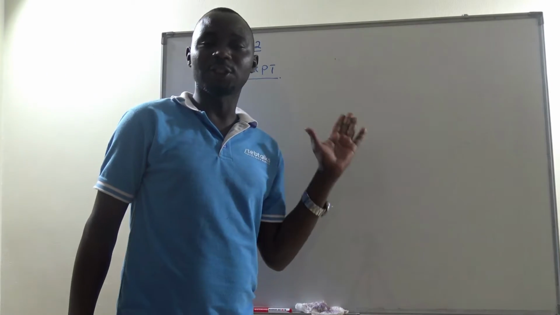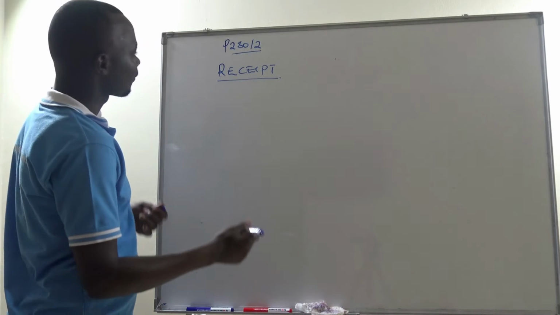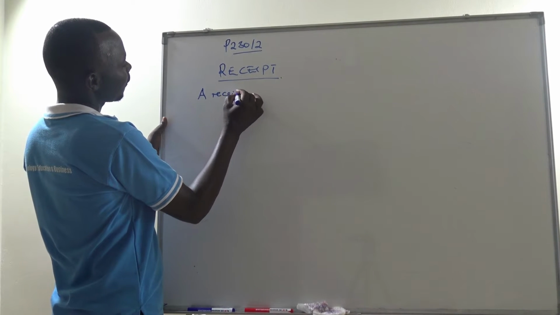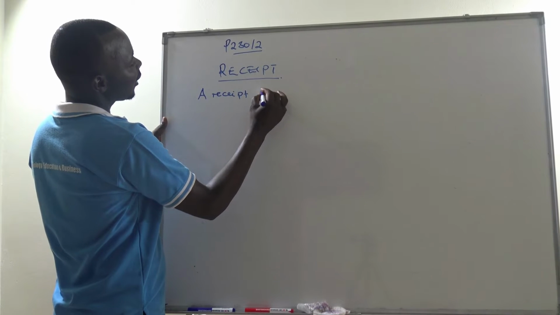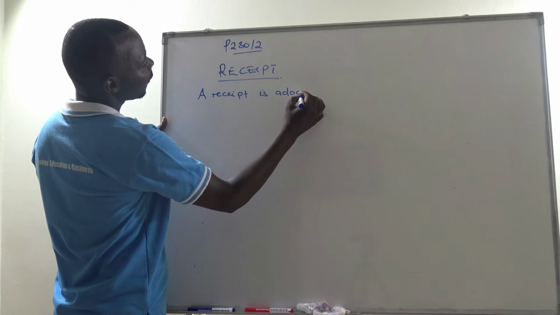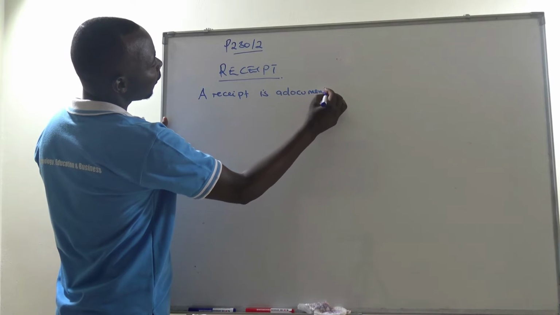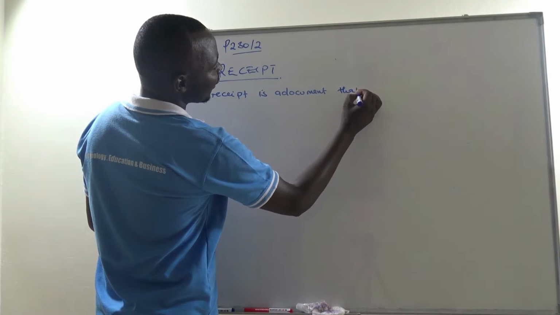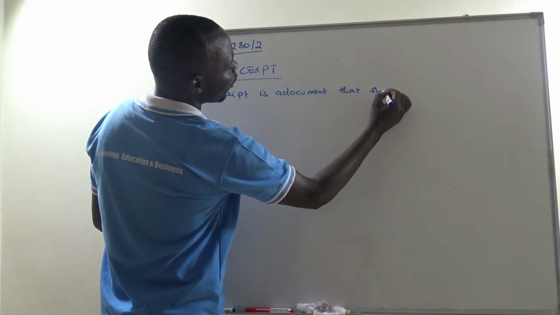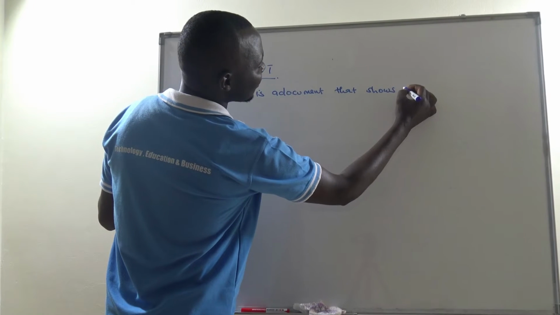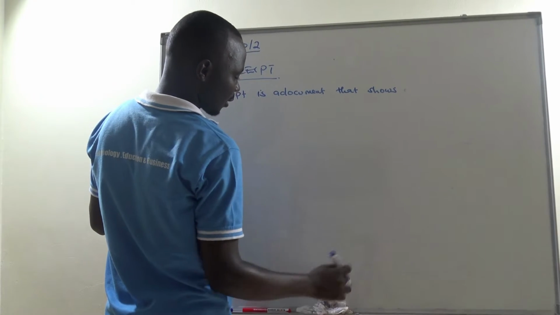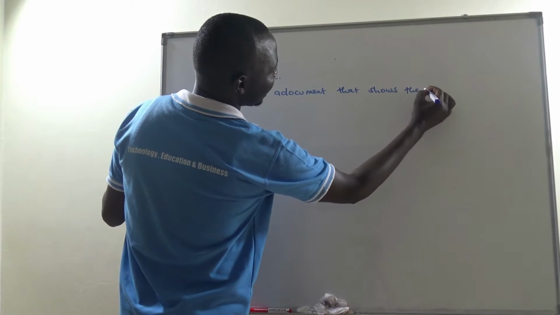What is a receipt? A receipt is a document that shows or acknowledges the payment, the receipt.